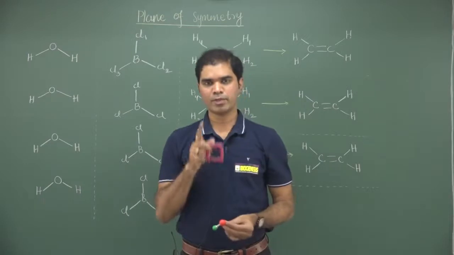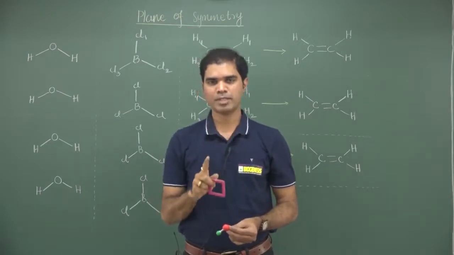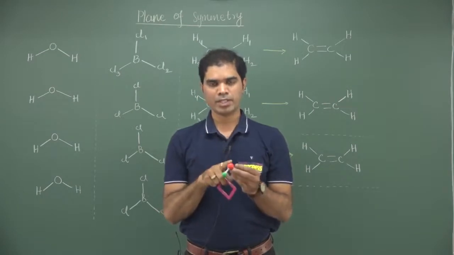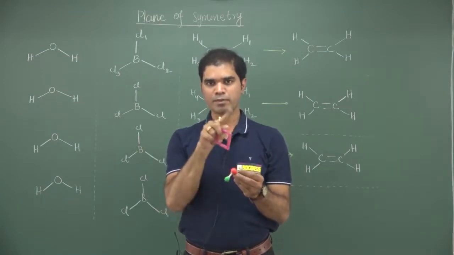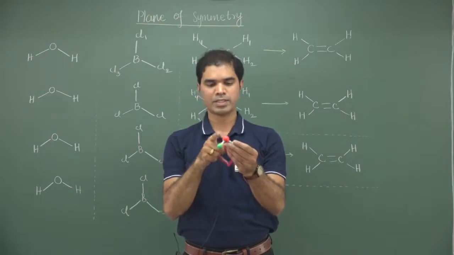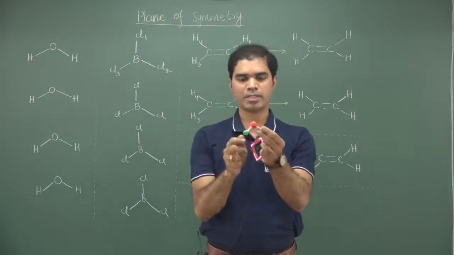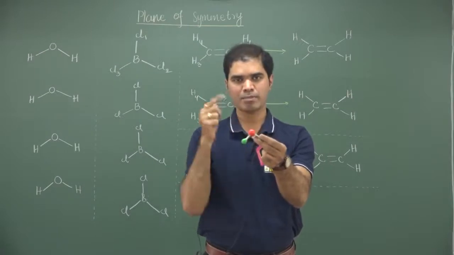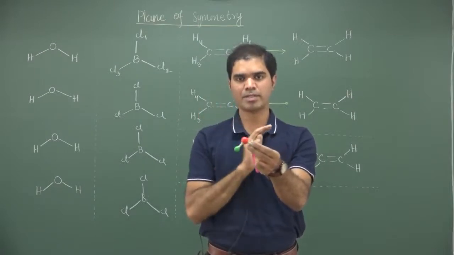The guidelines say from whichever atom the plane passes, that atom will not exchange its position. It will not exchange with any other atom, but within itself there is some change. What is that change? Try to imagine. When I pass a plane, it is bisecting the oxygen also. Just imagine that it is bisecting. All these are imaginary.